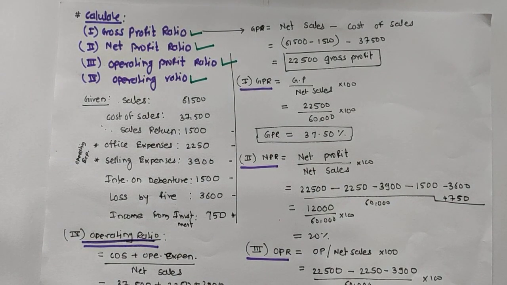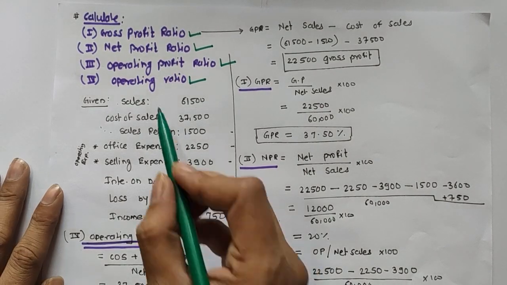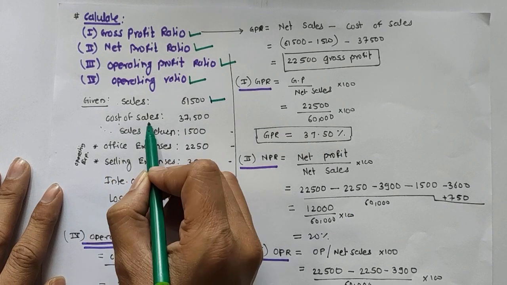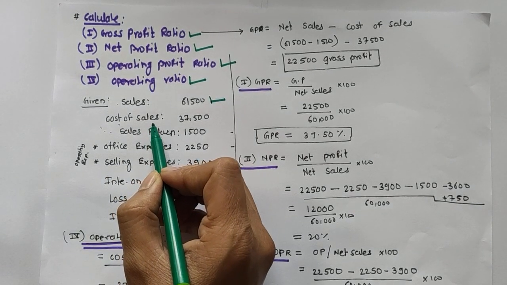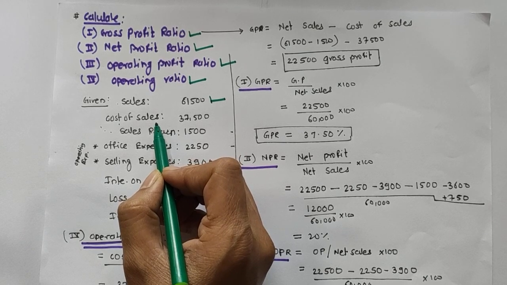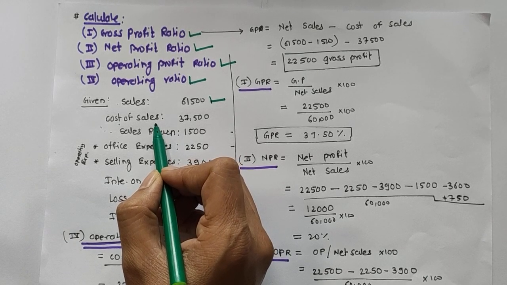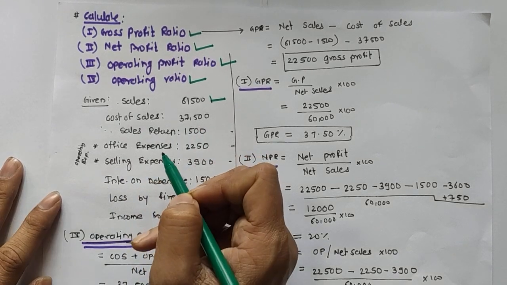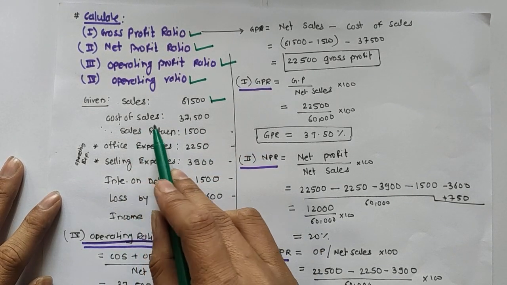See friends, what is given? Sales they have given 61,500. Cost of sale. What is the cost of sale? In other words, you can say it is your CP, cost price. Cost of sale is 37,500, or you can say purchase.